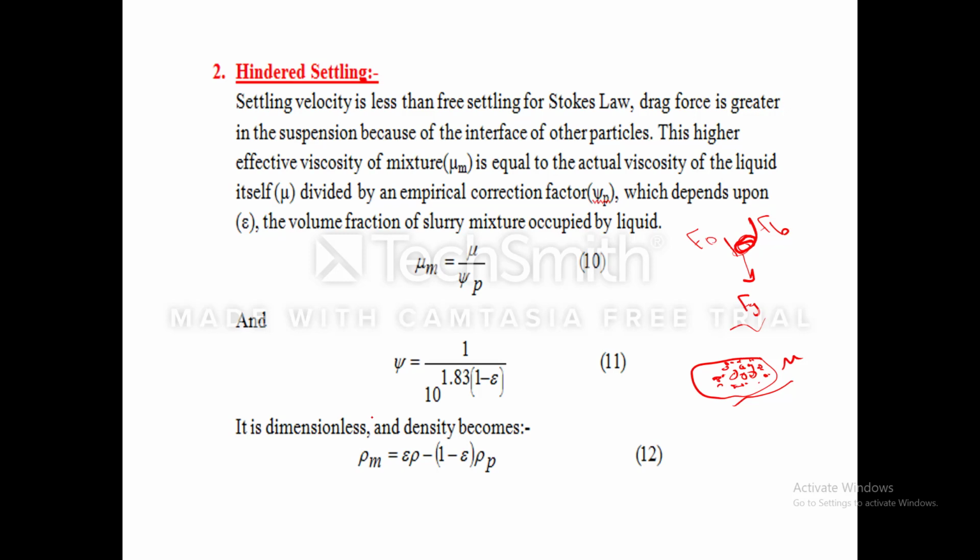It is dimensionless, and the density becomes rho m equals porosity phi times rho, plus (1 minus porosity) phi times rho p. So when we say rho m, we mean that this part is occupied by water, and this part is occupied by slurry or particles.